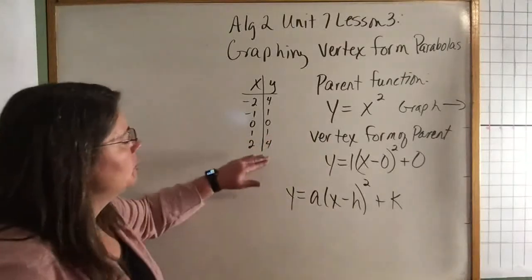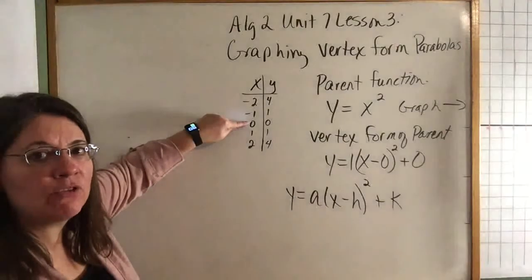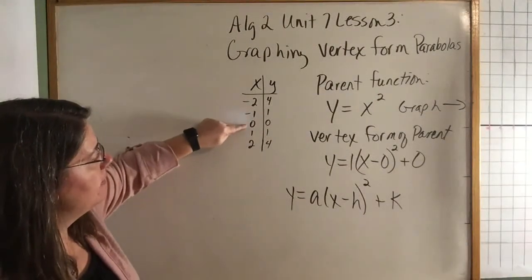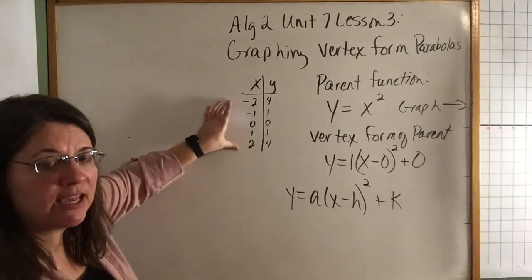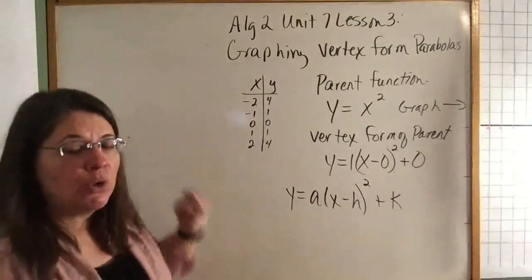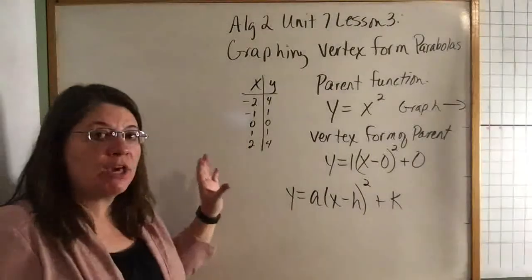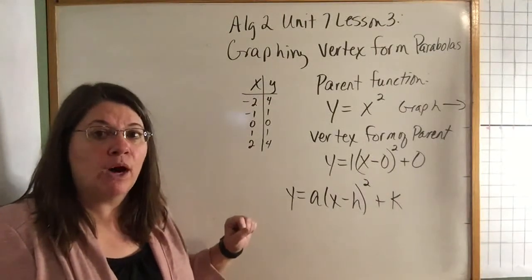So if we were to graph that, notice the parent function starts at 0, 0. It will go left 1 up 1, left 2 up 4. And then from 0, 0, it will go right 1 up 1, right 2 up 4. So this is an extremely important pattern when we're dealing with the quadratic equation parent function, and especially when we're dealing with a quadratic function that has an a value of 1.